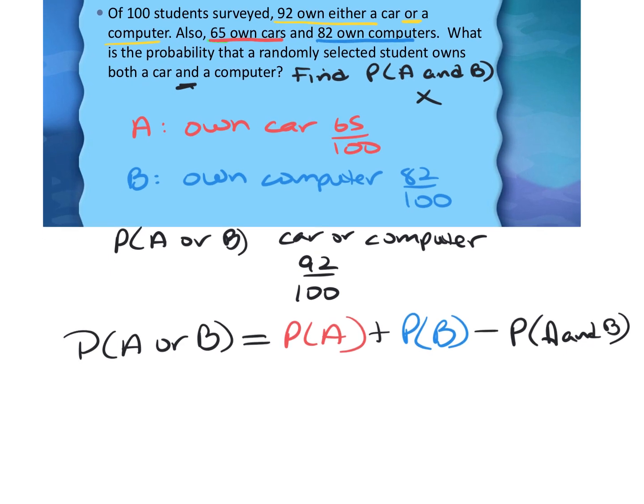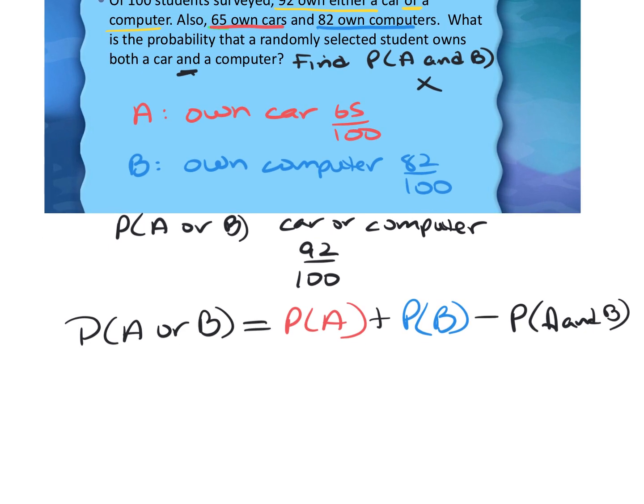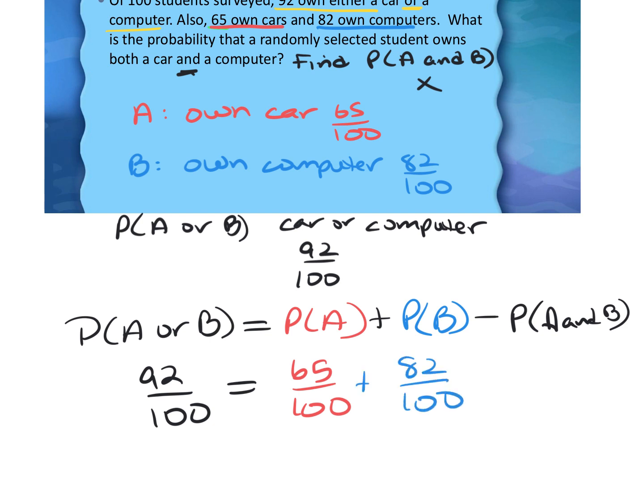So let me fill in what I know. So I know A or B is 92 over 100. I know my probability of A is the 65 out of the 100. My B, the computer, is 82 over 100. And I'm solving for the A and B. And that's what I had said was going to be X.